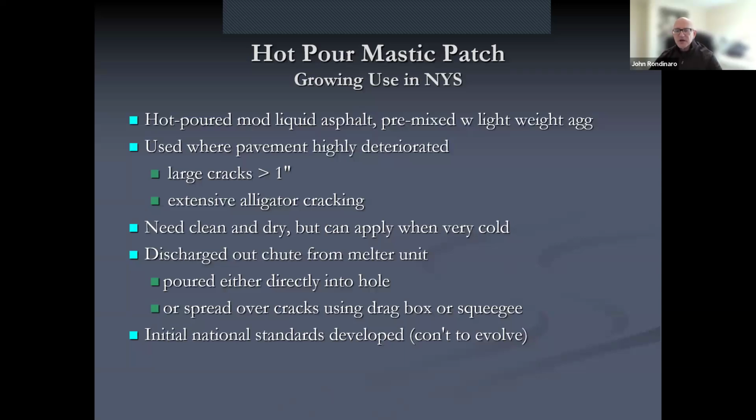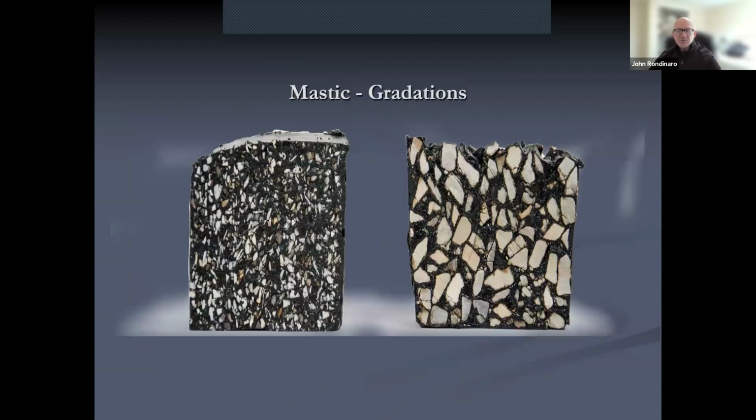It's going to get discharged out of a melter unit, and you can pour it either directly into a hole or spread it over your cracks using a drag box or a squeegee. We're continuing to see national standards be developed and continue to evolve. This is what a cutaway would look like. On the left-hand side is the fine gradation.